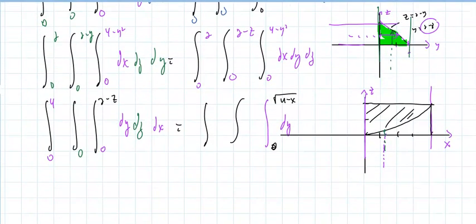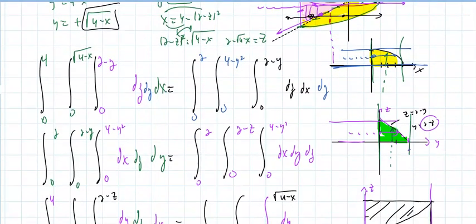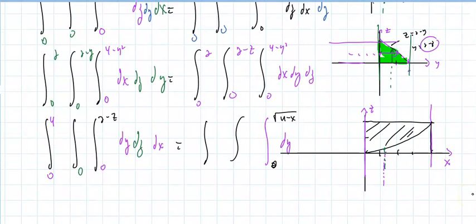And if I want to know what z equals, oh boy, so I went for the hard one first. Switch those. (2 minus z) squared equal 4 minus x. Square root both sides, they're positive. And switch those. And z would equal 2 minus square root of 4 minus x. 2 minus square root of 4 minus x. That's what this is.